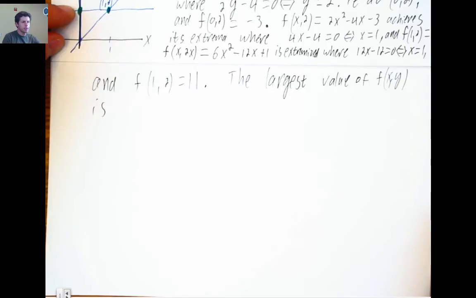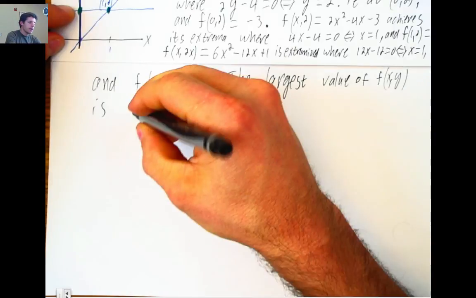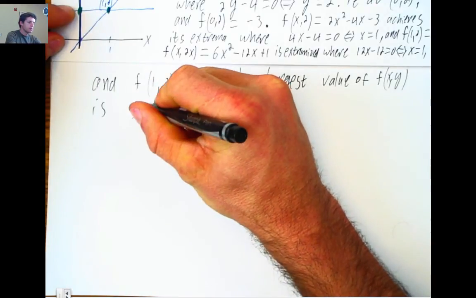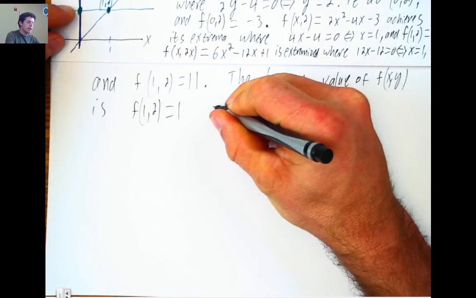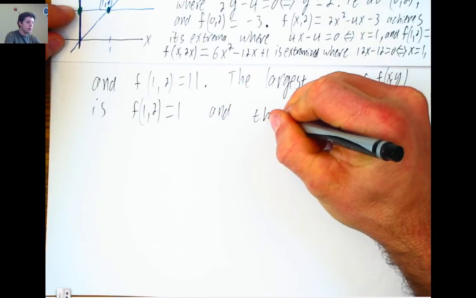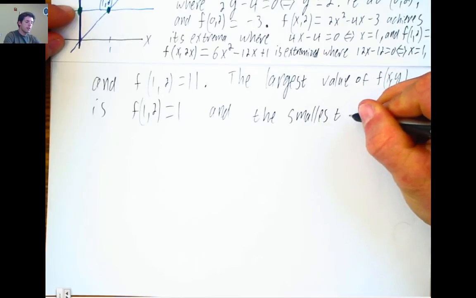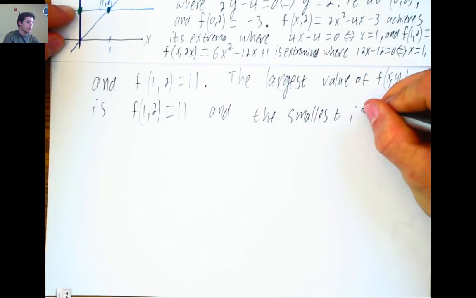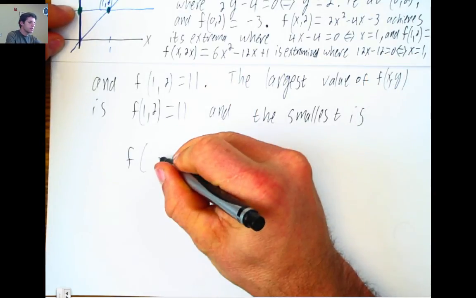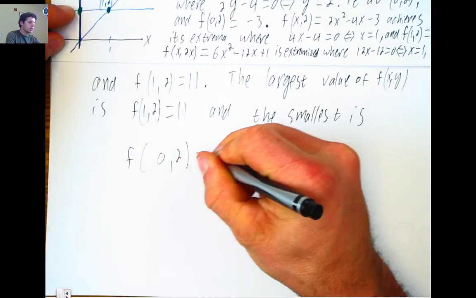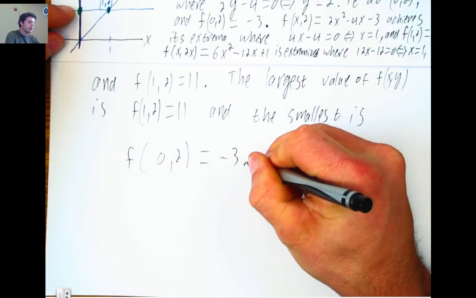We should also check 0, 0. Okay, let's see. f of 1, 2 is 11, and the smallest is f of 0, 2, which is equal to negative 3.